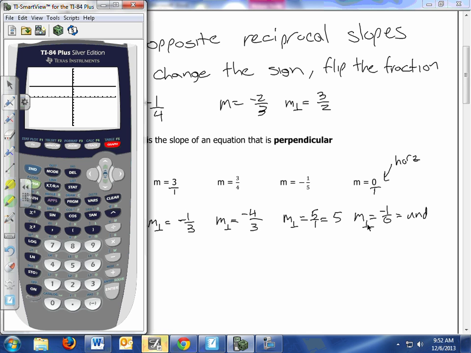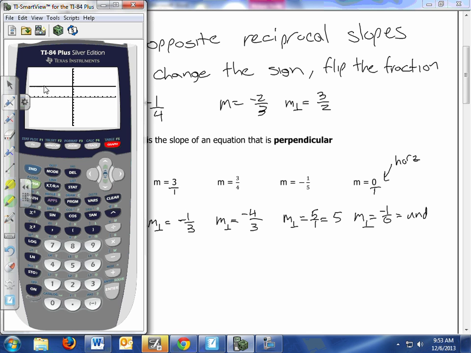What must a line be with an undefined slope if it's perpendicular? What do we think? Mr. Jacoby, what do you think? Not sure? What would be a line perpendicular to a horizontal line? Mr. Avila, what do you think? What does it have to look like?